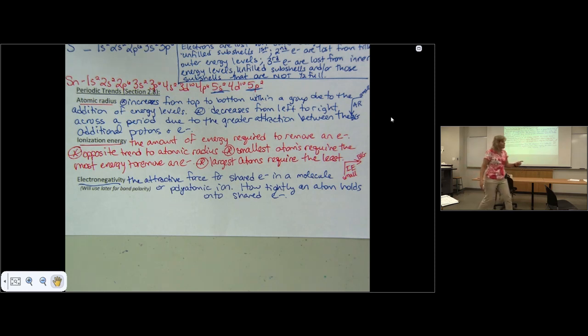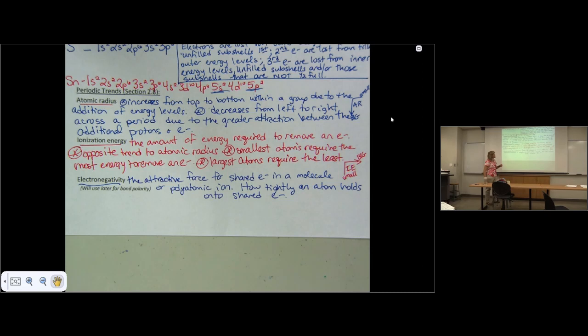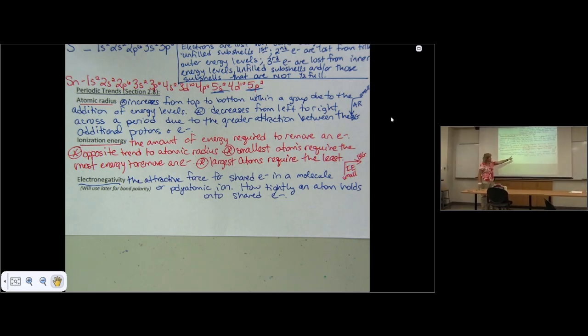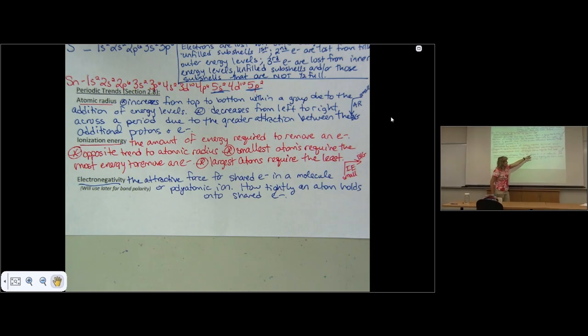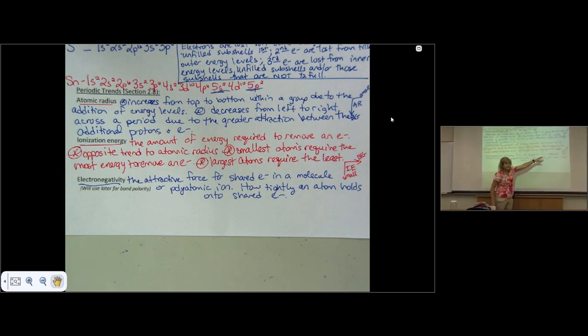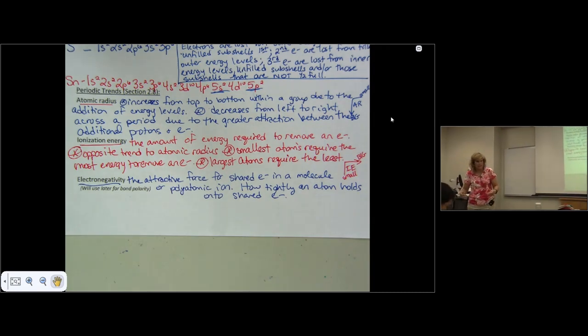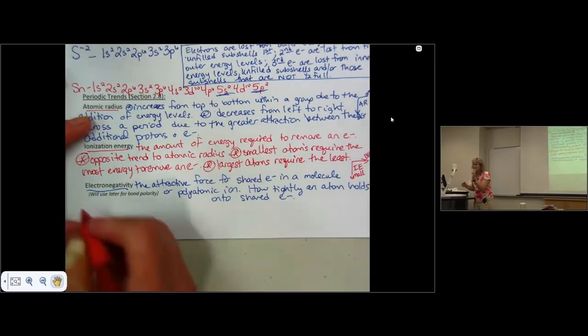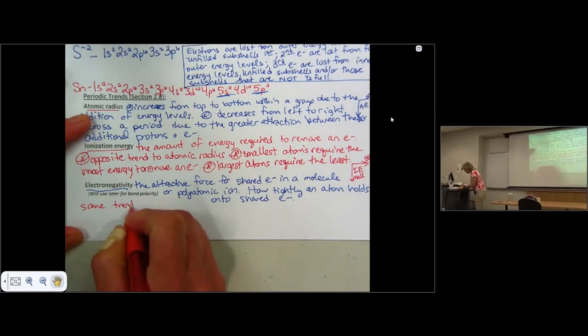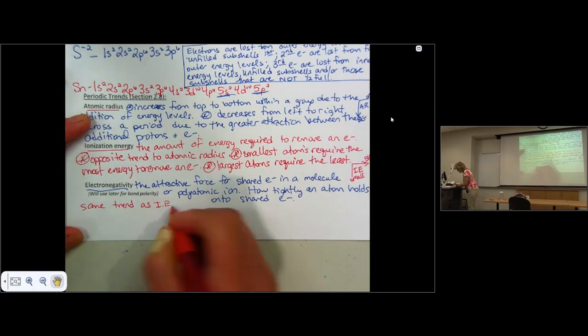So the trend for electronegativity is what? The attractive force for shared electrons in a molecule. Largest atoms will have the what? Lowest attractive force for shared electrons. So is this trend the same as ionization energy? Smaller atoms will have the what? Greatest attraction for shared electrons. So it's exactly the same. Same trend. So it is the same trend as ionization energy.